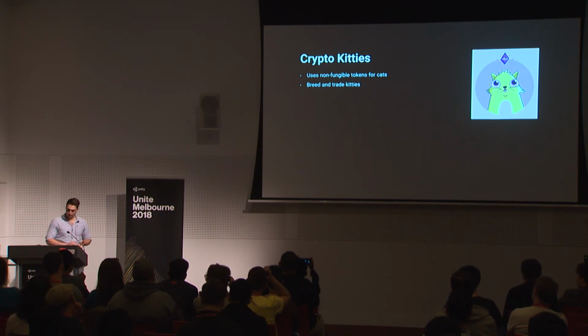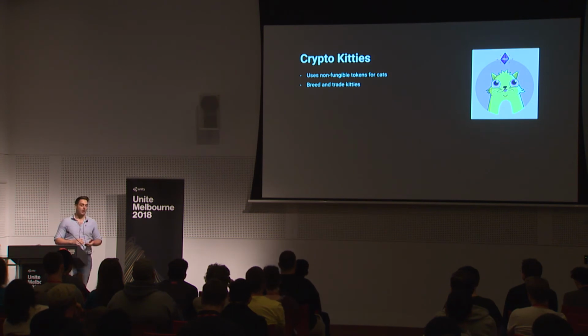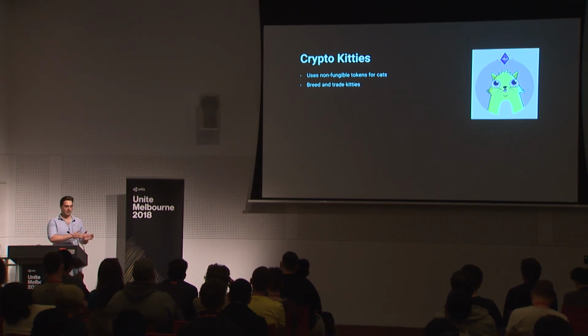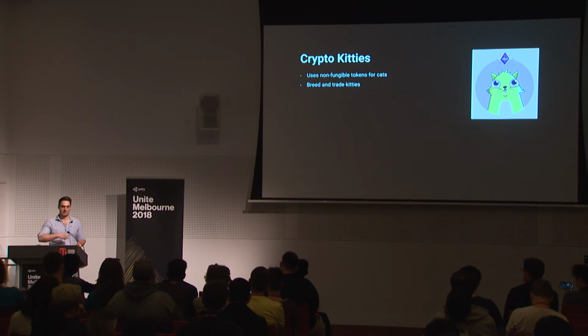tradable assets. So it uses something called non-fungible tokens for each of these cats. Fungibility is the concept that any two tokens are worth the same amount. So a dollar, for example, is a fungible token in that any dollar is worth the same. My dollar is worth the same as anyone else's dollar. It doesn't matter how dented or whatever it is. Non-fungible tokens are different.